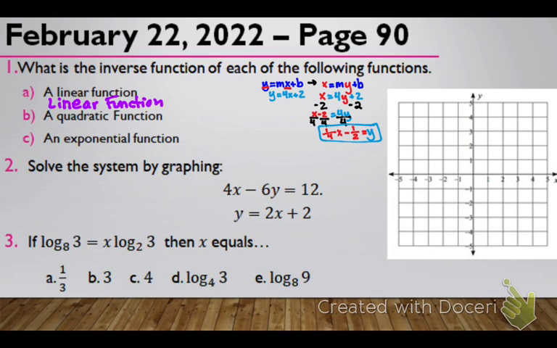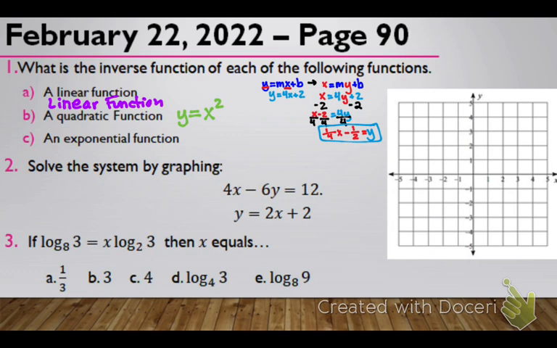What does a quadratic function look like? If I gave you an equation, what would you look for to know that's a quadratic? It would have x squared in it. So I could write a quadratic function that's y equals x squared.